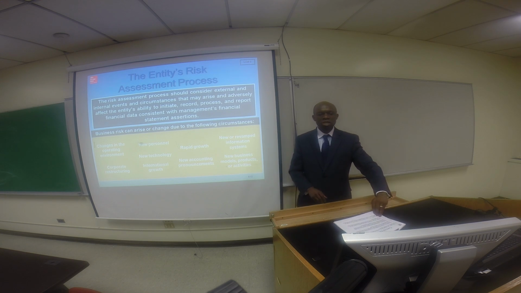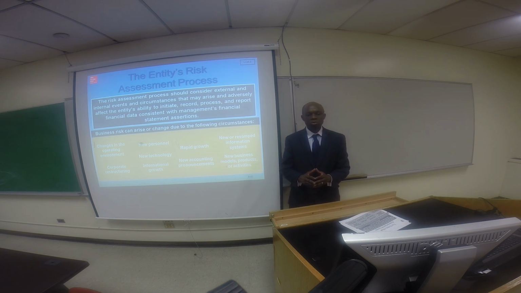The entity risk assessment process. Here we are talking about the organization having to take into consideration both external and internal events or circumstances that might impede the company's ability to initiate, record, and process financial data consistently with management's financial statement assertions.